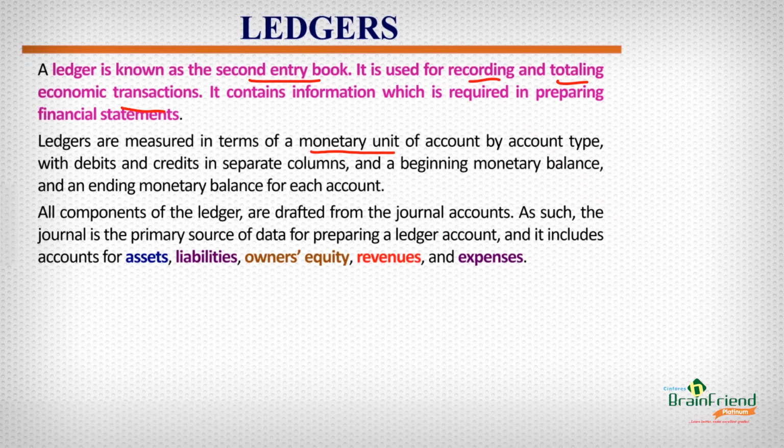All components of a ledger are drafted from the journal account. So all the information you need to develop a ledger is gotten from the journal account. That is to say that the journal is the primary source of data for preparing a ledger account.